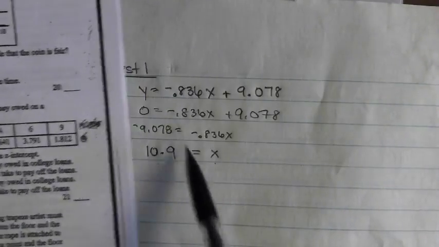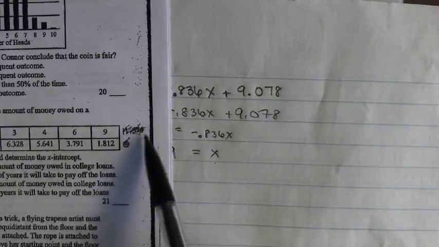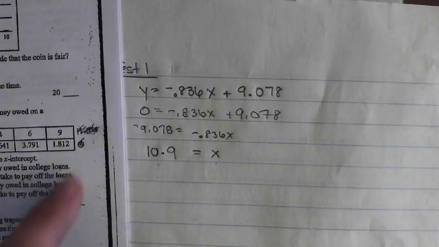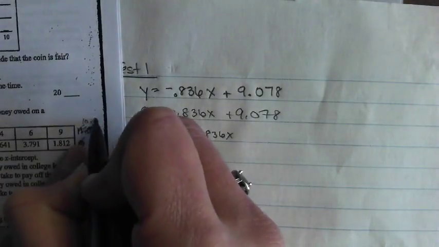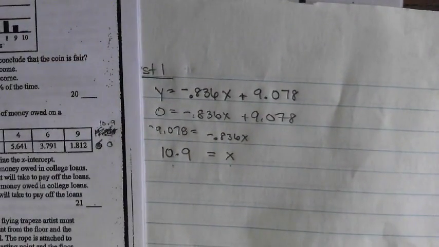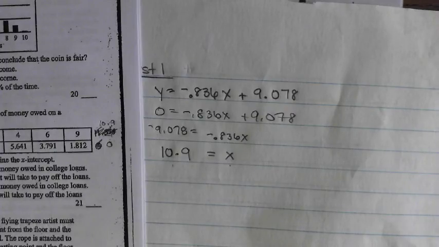I don't know why it said 11.375. We just got 10.9 and 0. So that means after 10.9 years, the dollar amount owed is 0. So it's the number of years taken to pay off the loan. Okie doke? Any questions there?